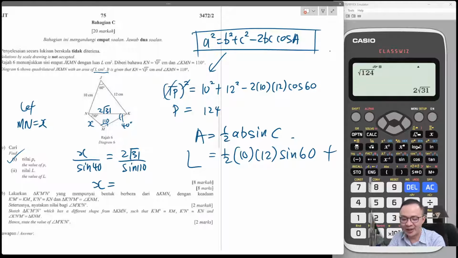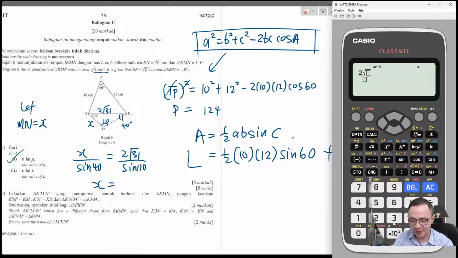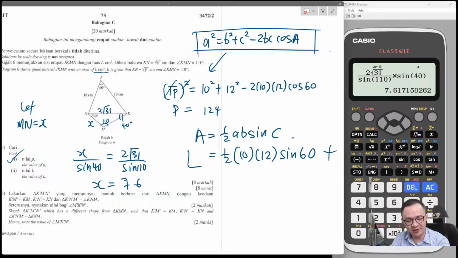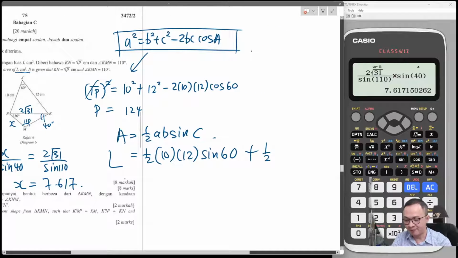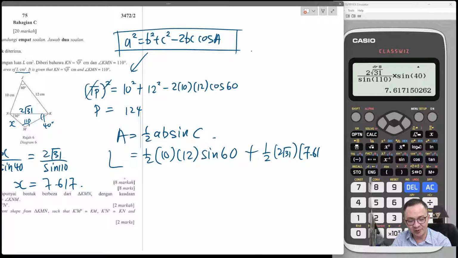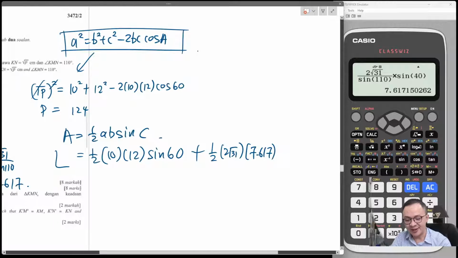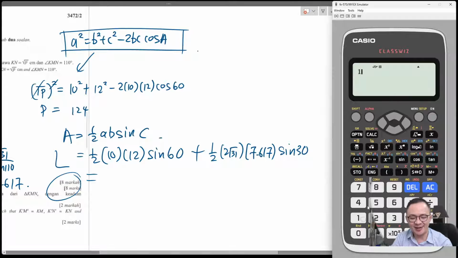Then I can know the length X is just 2 third 31 over sine 110 multiplied by sine 40. So 7.617. Okay, so now I can use the formula ab. This is 2 third 31 and 7.617, and then sine 30 degrees. Oh my god, this is just like this, we get 8 marks.